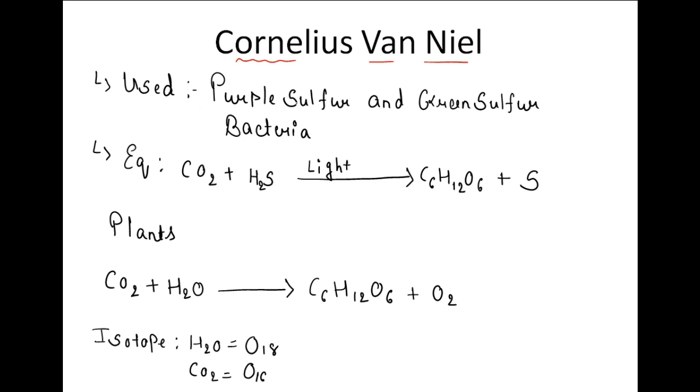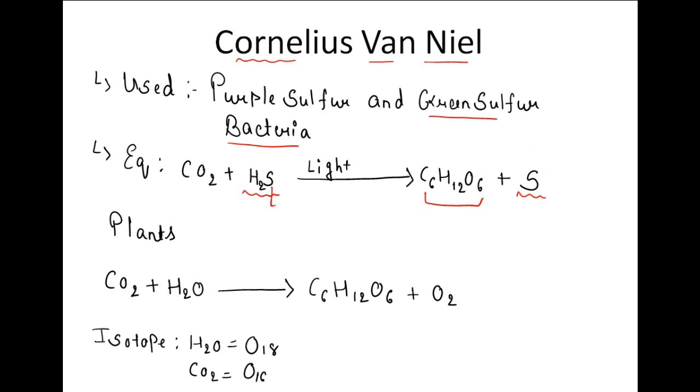As per his experiment, in the equation carbon dioxide plus H2S in the presence of light, there was formation of glucose and the byproduct was sulfur. But this sulfur came from H2S.